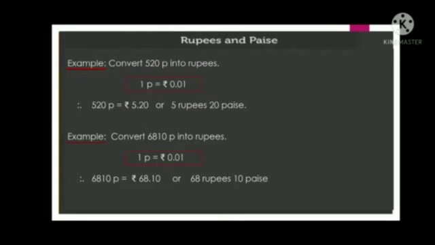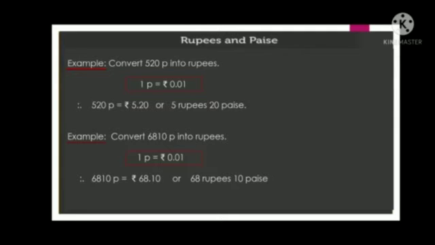So for converting paise into rupees, we just have to count 2 digits from the right side and put a dot. After that, we have to write rupee symbol before the number. So 520 paise is converted into rupees and we'll get rupees 5.20, which can be read as 5 rupees and 20 paise.